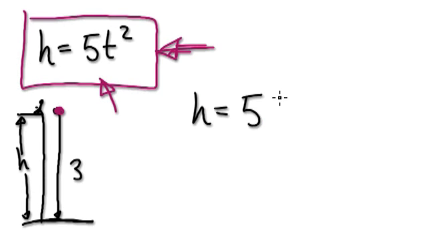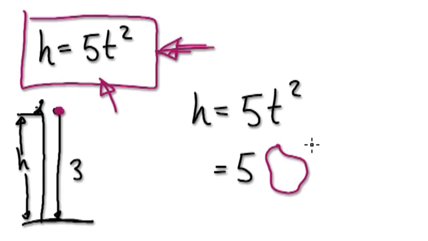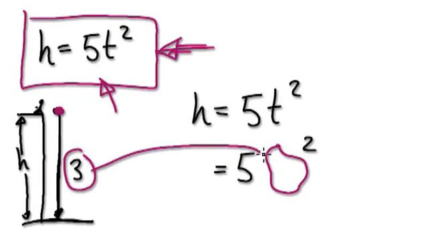H is given by 5t squared. So here 5, and this is t, whatever t is, and then we've got to square it. So t is the time it takes to reach the bottom, which is 3 seconds. So put this 3 into the t here. So this would be 3.